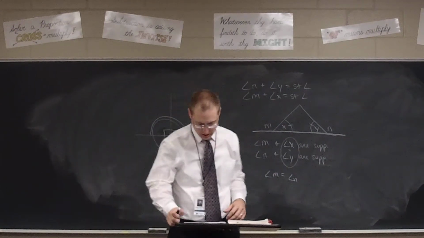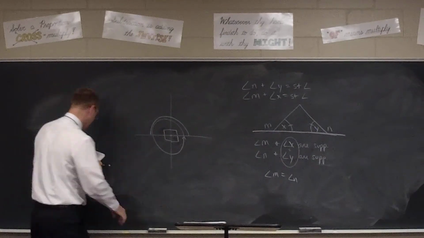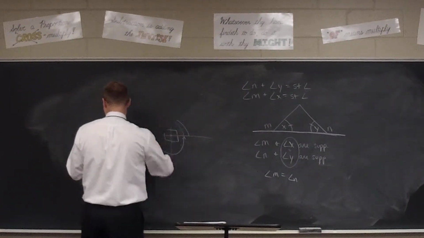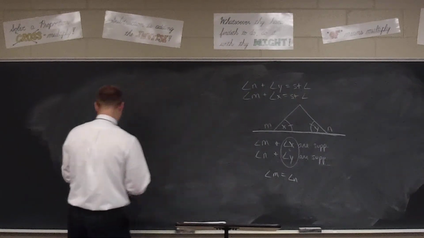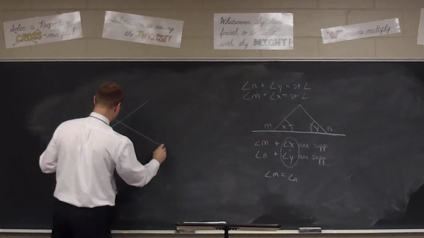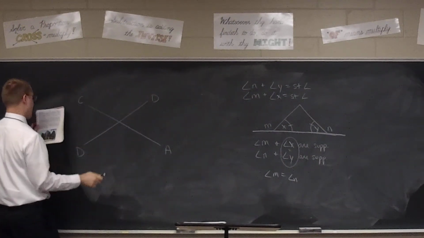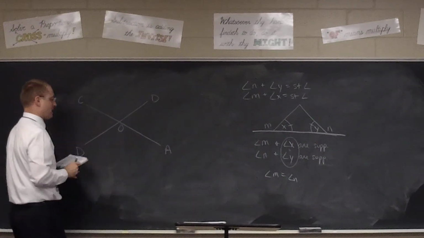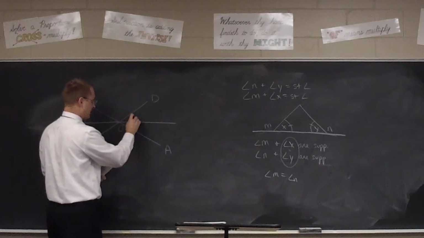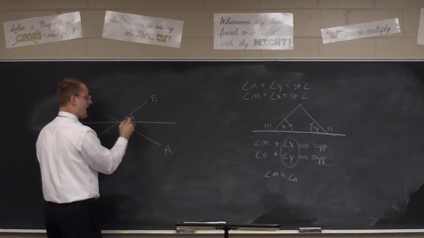Good, let's move on. Number 6. We've got that picture there. They say that RS bisects angle AOB. They want us to show that it also then must bisect COD. So we've got these two lines, AC and BD, intersecting at point O, and this line that runs through so that it bisects angle AOB.